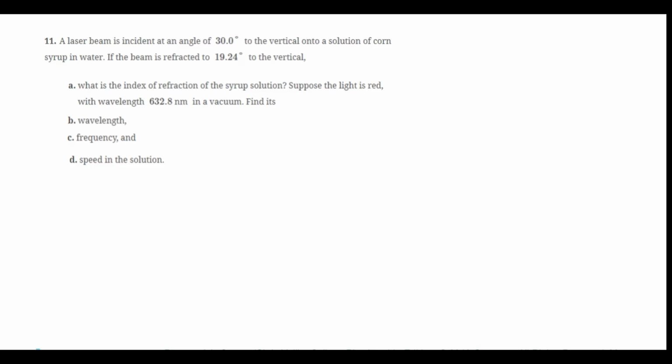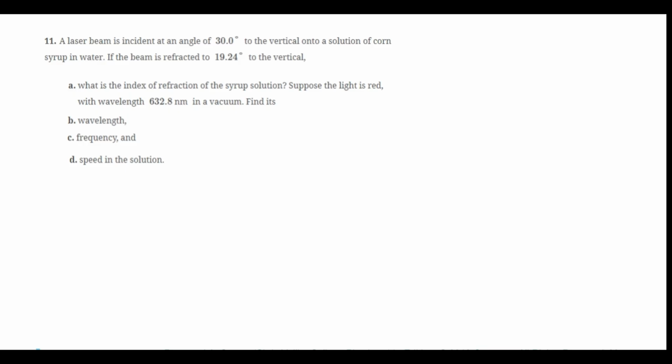Suppose the light is red with a wavelength of 632.8 nanometers in a vacuum. So find its wavelength, find its frequency, and find also its speed in the solution.